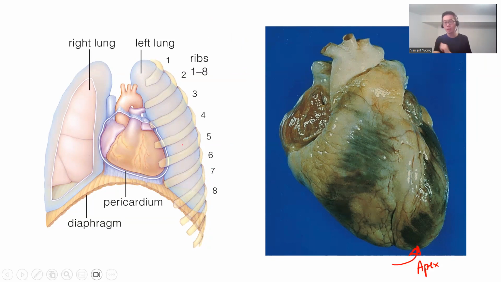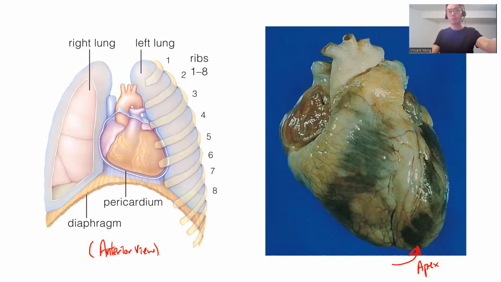And it's important to know that when we are looking at a diagram like this, we are looking at it from the front. This is an anterior view. So it's like you're looking at my lungs, for example, or my heart.